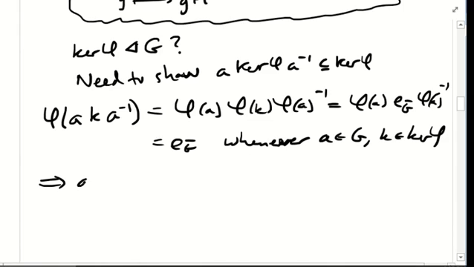So therefore, A K A inverse is in the kernel, right? So that's what we need to show. Cool.